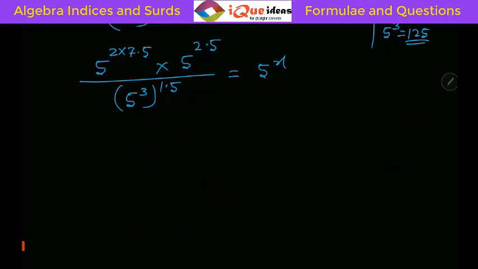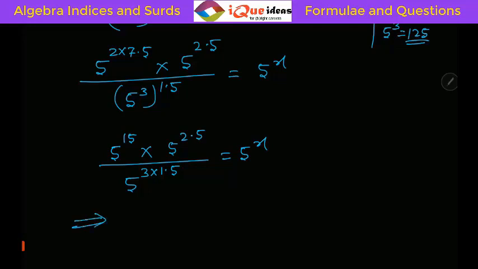Now further, in numerator it will be 5 raised to the power 2 into 7.5 is 15, into 5 raised to the power 2.5. In denominator it will be 5 raised to the power 3 into 1.5, that is equal to 5 raised to x. So what we have here is, in numerator we will have 5 raised to the power 15 plus 2.5, and in denominator it is 5 raised to the power 4.5, that is equal to 5 raised to the power x.